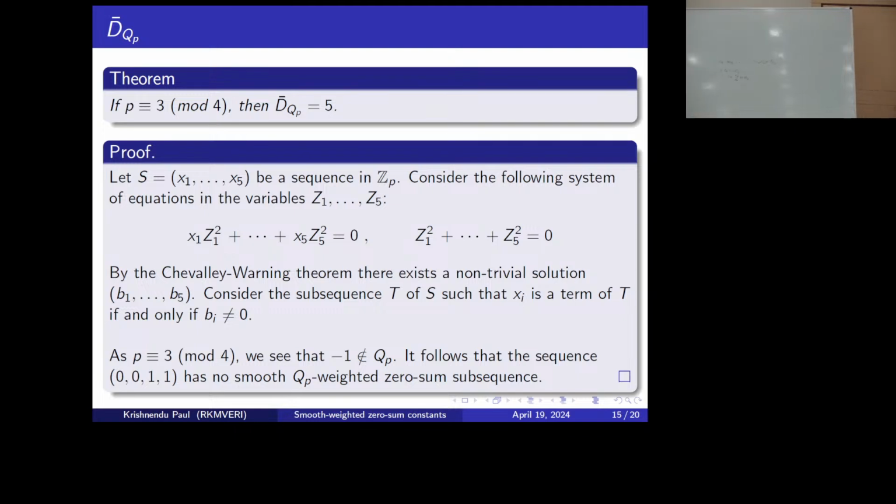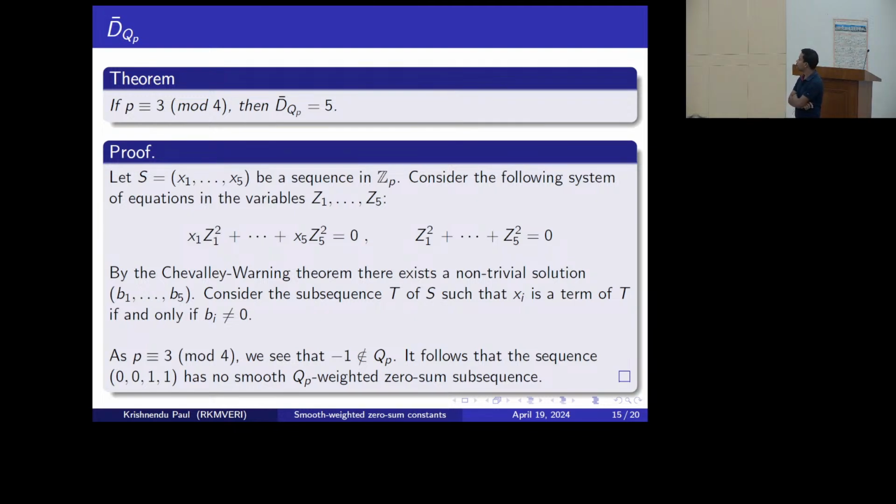For P congruent to 1 mod 4, the upper bound is same. With the same procedure, we can show that the upper bound is 5, and for the lower bound, we can consider 0 and... it is between 4 and 5.